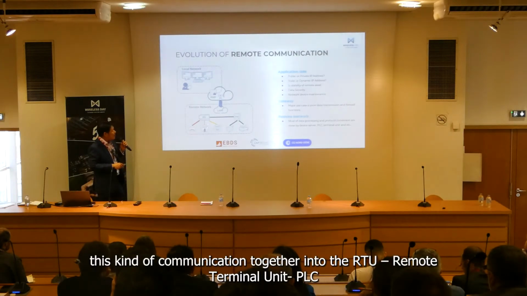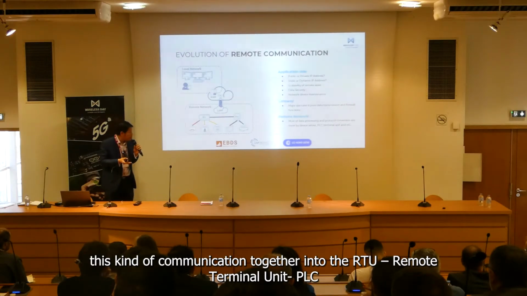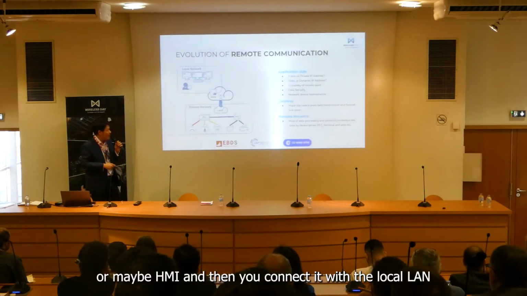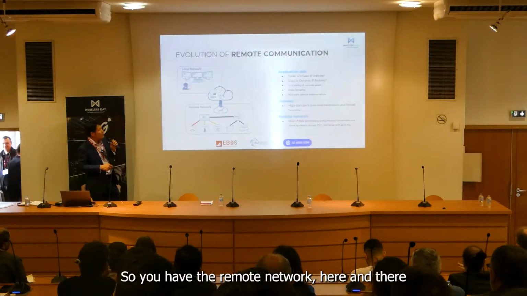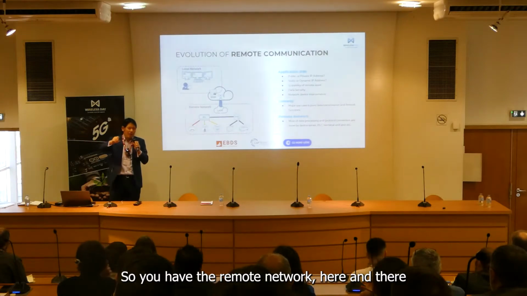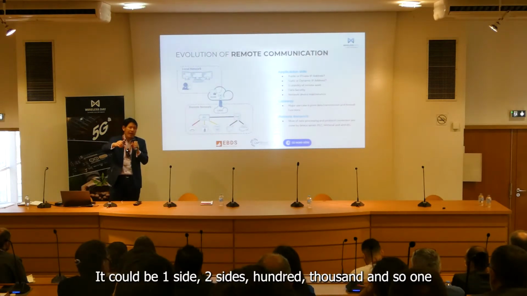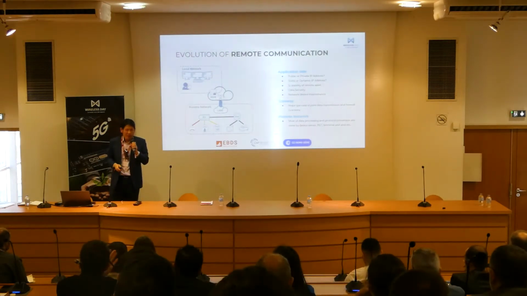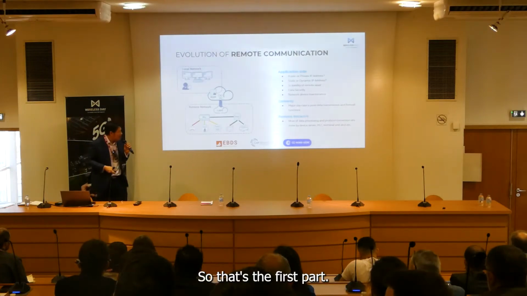Then you combine this communication into an RTU, remote terminal unit, PLC, or maybe HMI, and connect it with the local LAN. So you have remote networks here and there. It depends: it could be 1 site, 2 sites, 100,000, and so on. That's the first part.